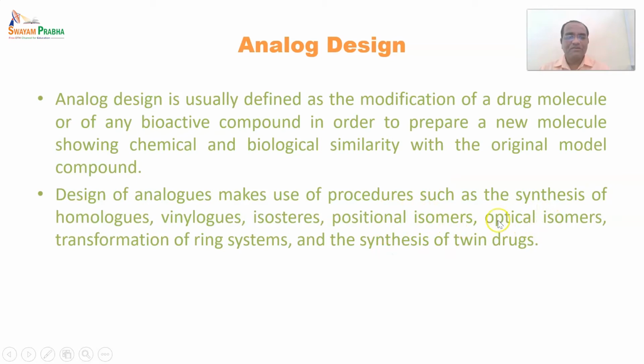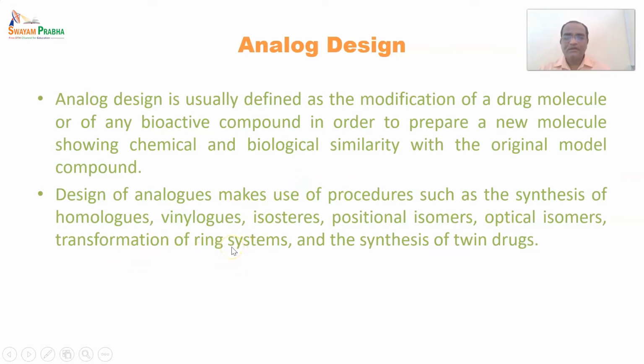After that, optical isomers, like enantiomers, where the two enantiomers have either the same activity or different activity, depending on how they fit to the receptor. After that, transformation of ring system.